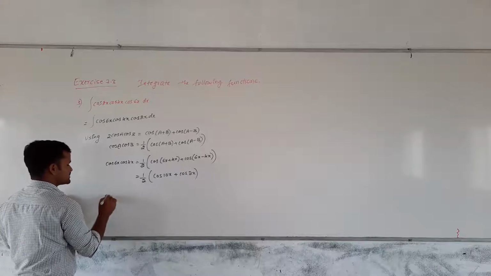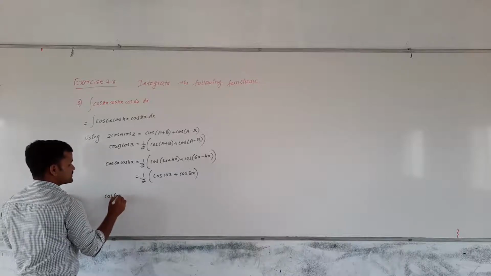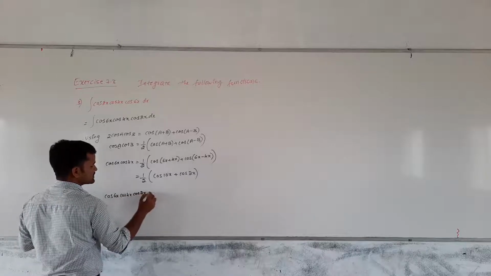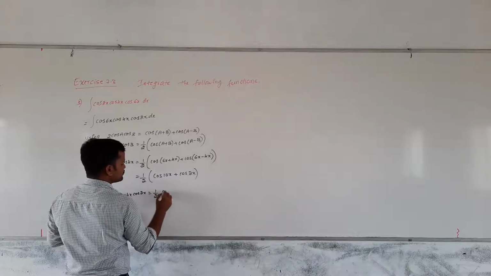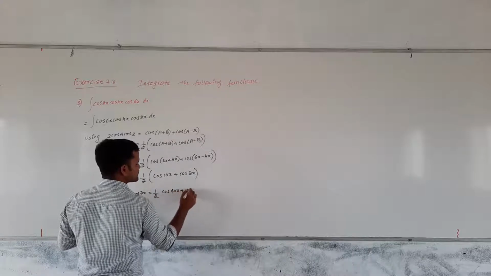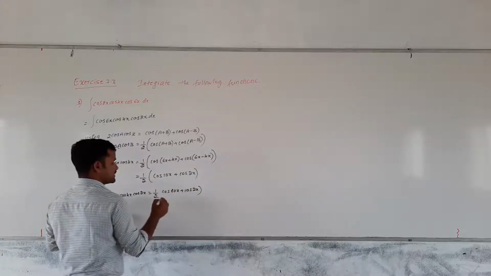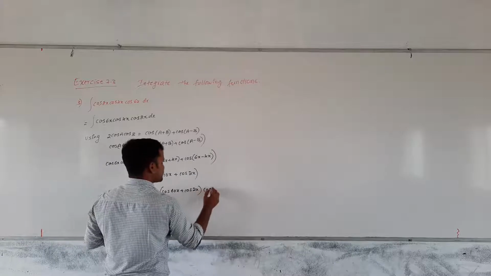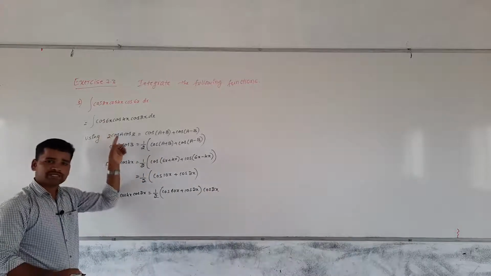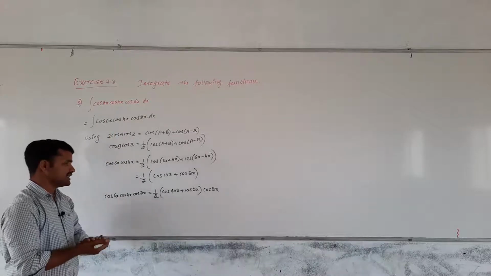Now multiplying cos 2x on both sides, cos 6x into cos 4x into cos 2x is equal to 1 by 2 times cos 10x plus cos 2x, this is multiplied with the cos 2x. You see, to have the term whatever is given in the integral, I am multiplying both sides by cos 2x.